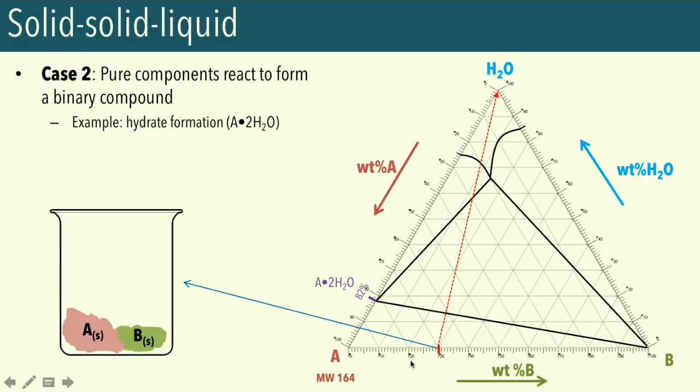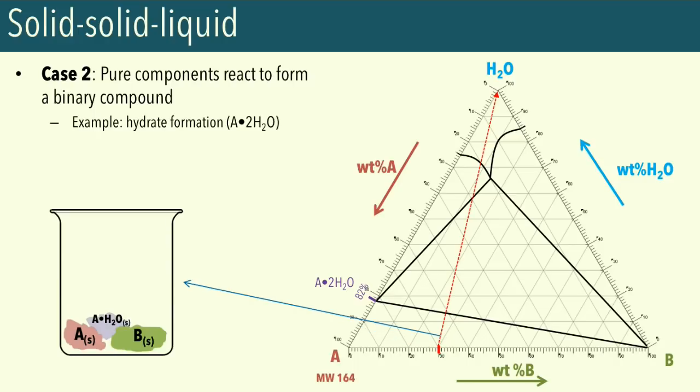Again, we have our beaker full of just pure A solid and B solid. When we add water, what's going to be different this time is that we know that A reacts with water to form a hydrate. That means that any water that starts to appear here, so long as we're within this region, all of that water goes towards forming a hydrate.